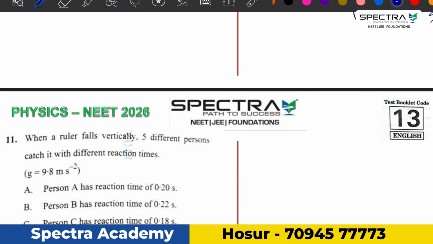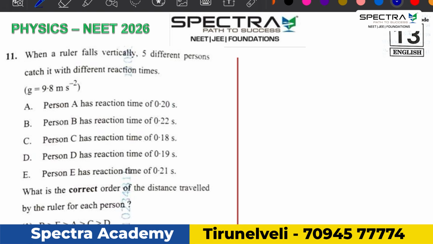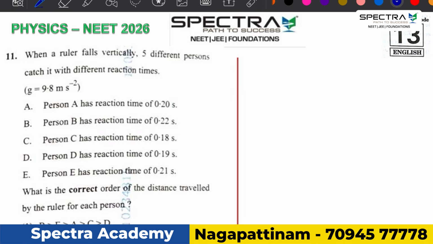Question number 11. When a ruler falls vertically, 5 different persons catch it with different reaction times. Which is the correct order of the distance traveled by the ruler for each person? So here it is very clear. Reaction time is more for what?